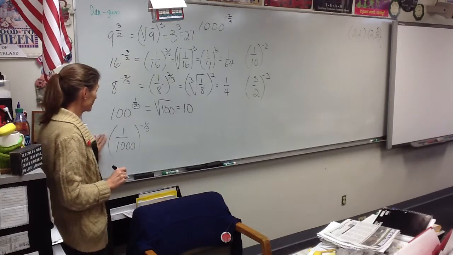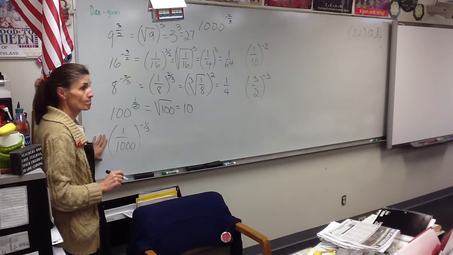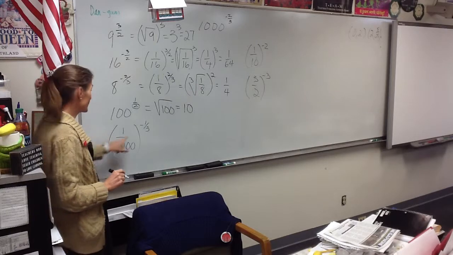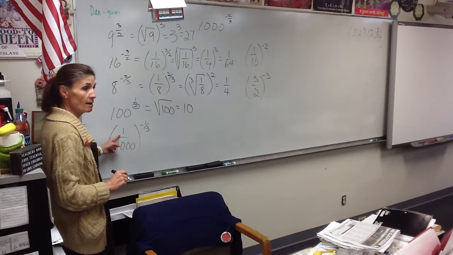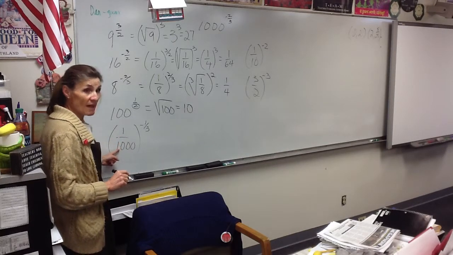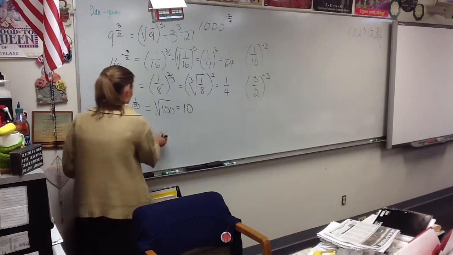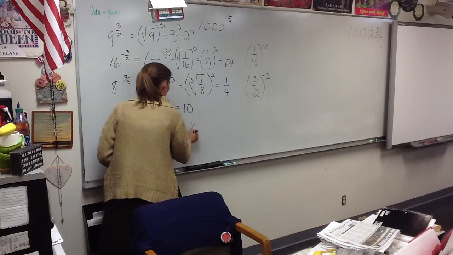So what's going on down here? What does a negative exponent do? Flip it to the top. So this is going to become 1,000, just regular 1,000 to the 1/3.